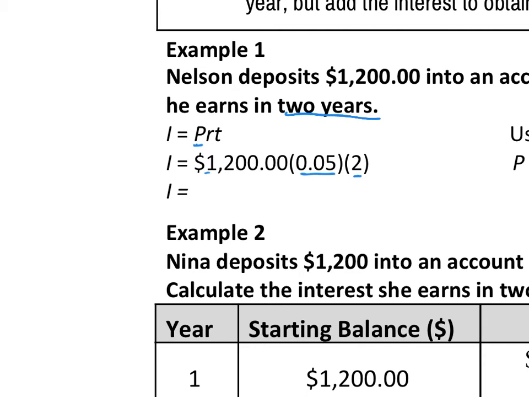So it's principal times rate times time. And it's always in years. Principal times rate times time. So we would just take these numbers and multiply them together. So I would start with 0.05 times 2 because that's an easy multiplication, right? 0.05 times 2.